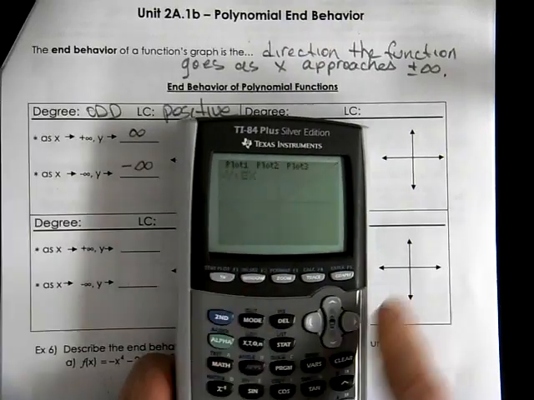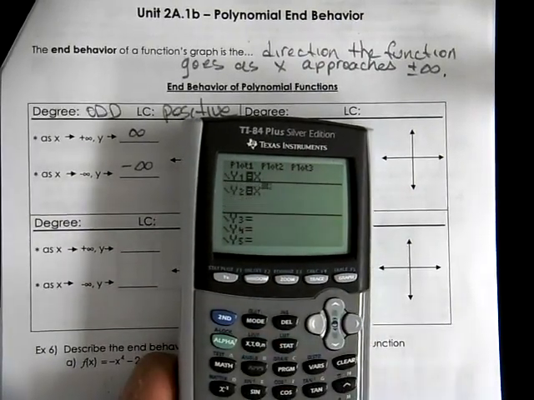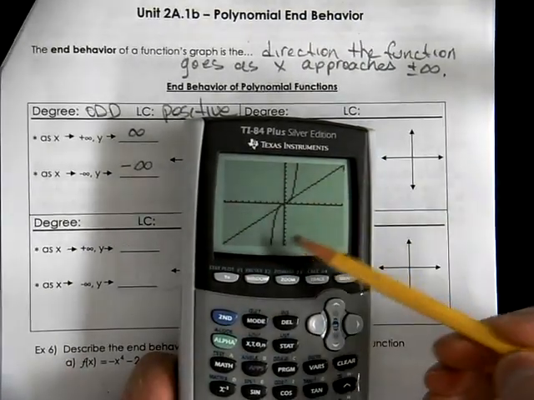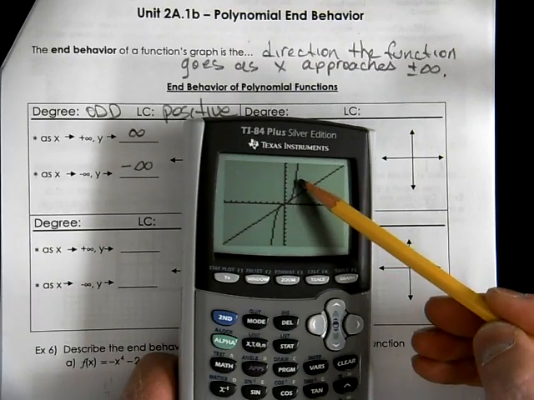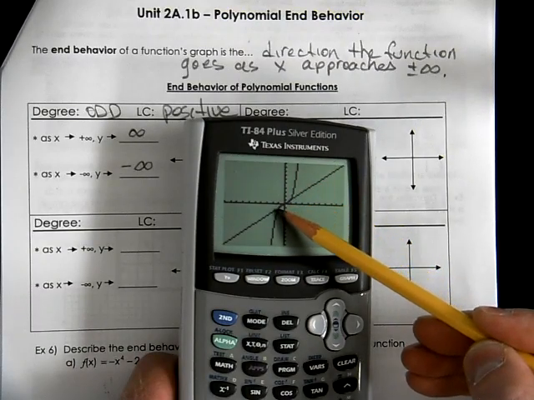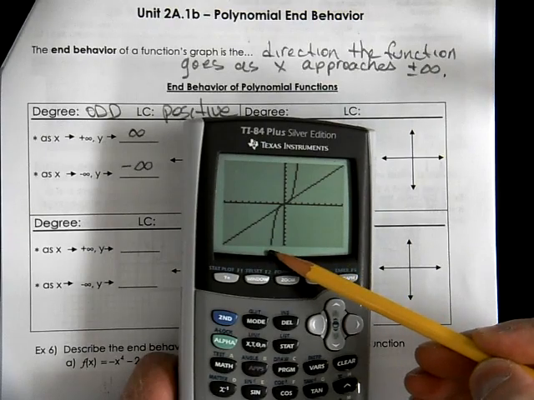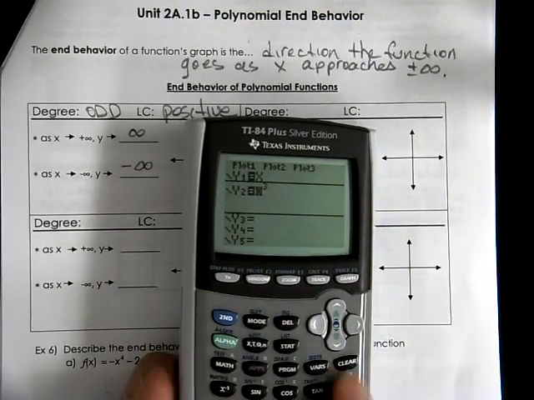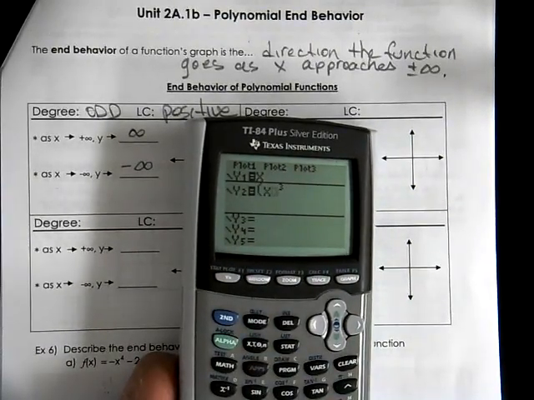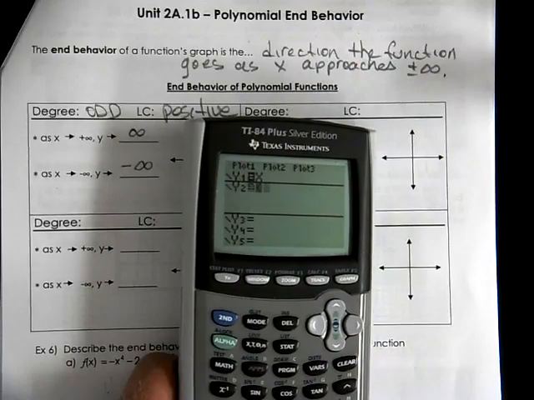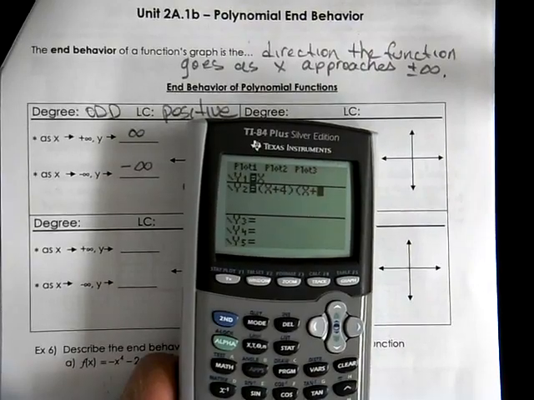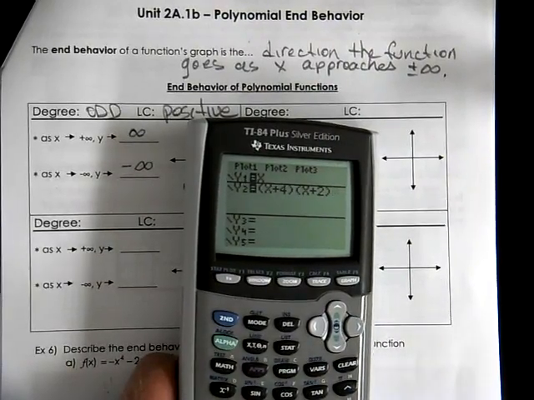That's an odd degree. Another odd degree would be to the third power. Third power is an odd degree. And you see that when it goes to the right, it moves up, and as we look to the left, it goes down. Even if there's a lot of things happening in between, if you use more parentheses, like x plus 4, x plus 2, and x.